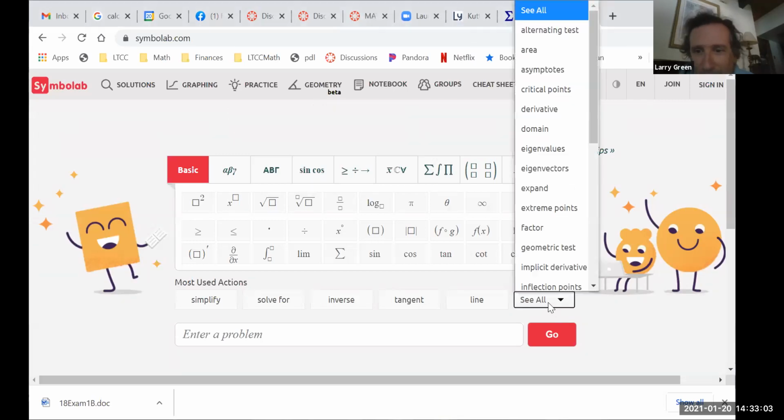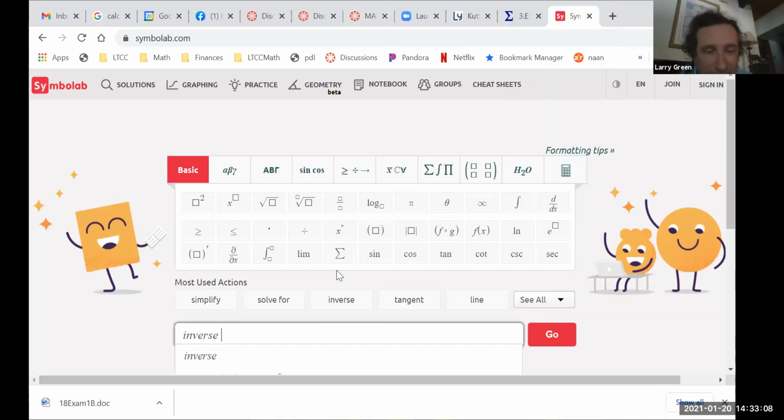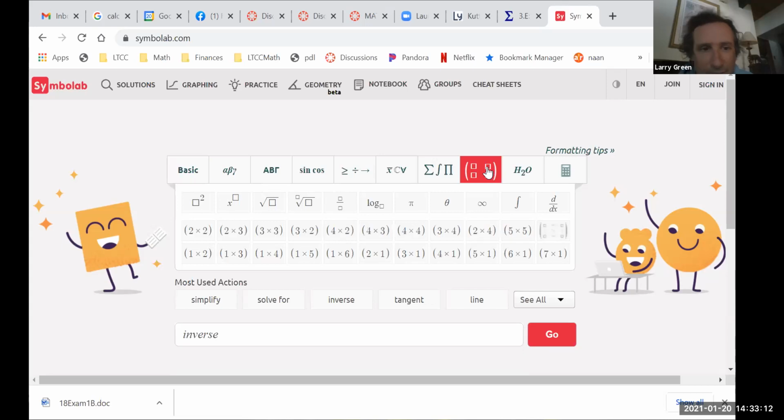I'm going to go to matrices and inverse, then get a 3 by 3 matrix: 1, 1, 1, then 1, negative 1, 1, and then 4, 2, 1. And hit go.